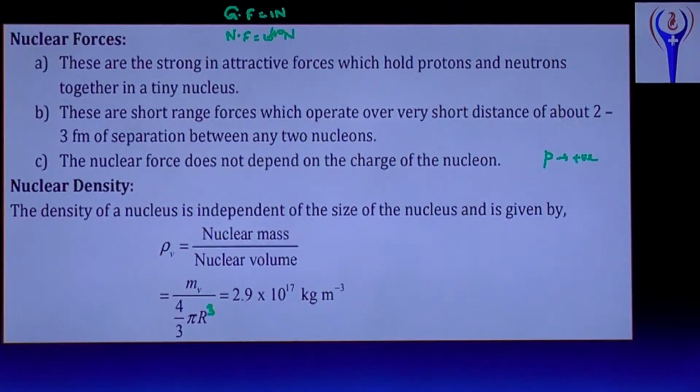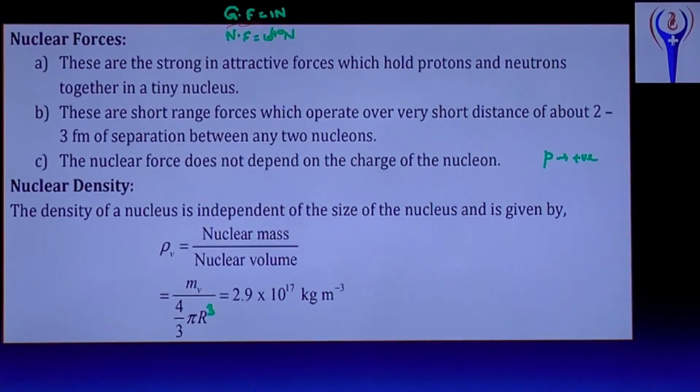Nuclear force is the strong and attractive force which holds protons and neutrons together in a tiny nucleus. We can't just say it is the strongest force; we want to compare with one force. For example, everybody knows gravitational force. What is gravitational force?